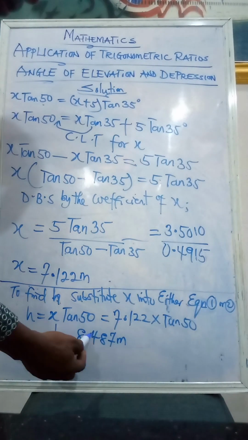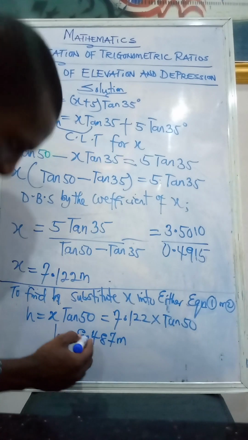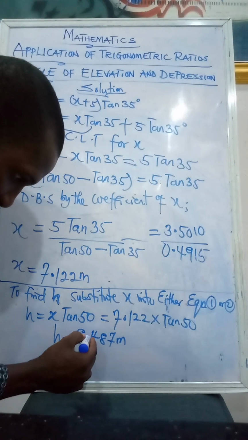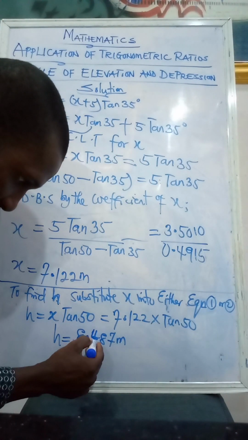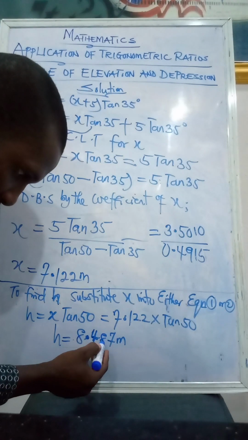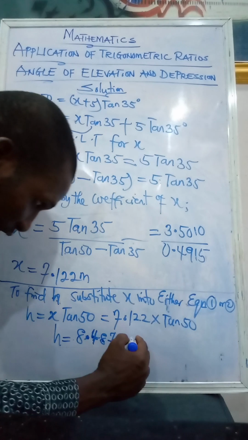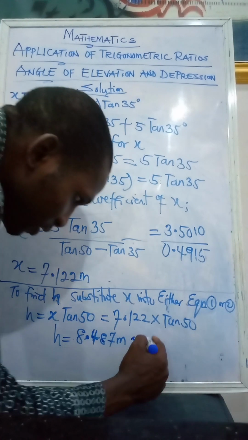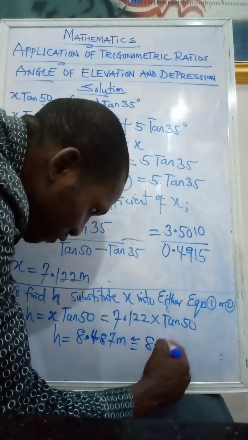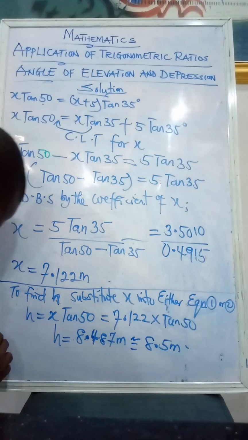Then we can round it to one decimal place. After the decimal, the first number there is 4, so I look at the next digit, which is 5 and above, so I'll add 1 to 4. So I'll be getting 8.5 meters.